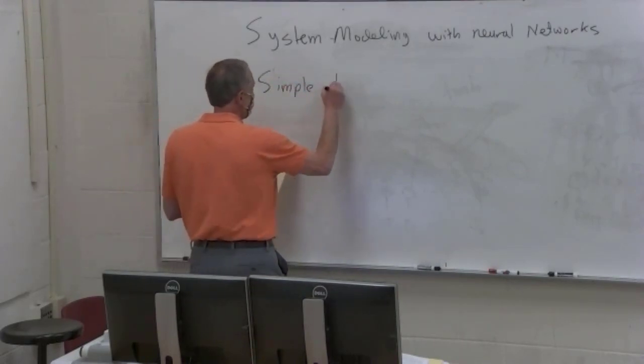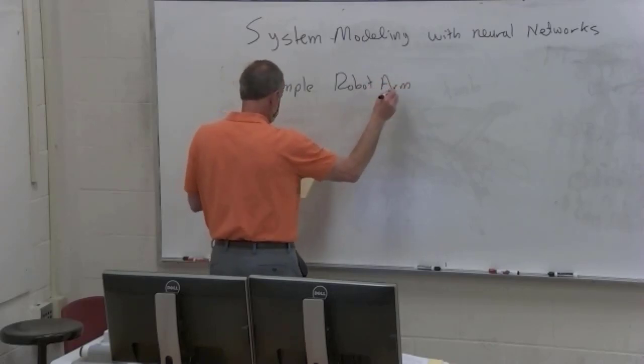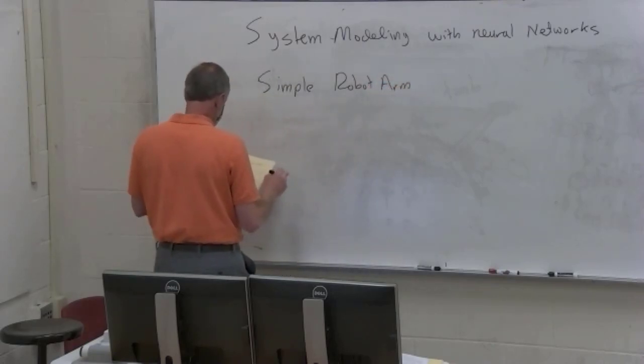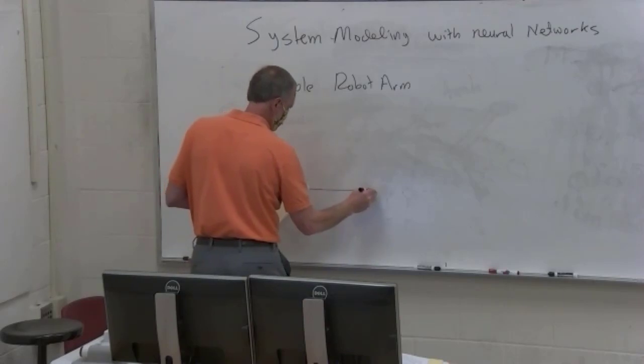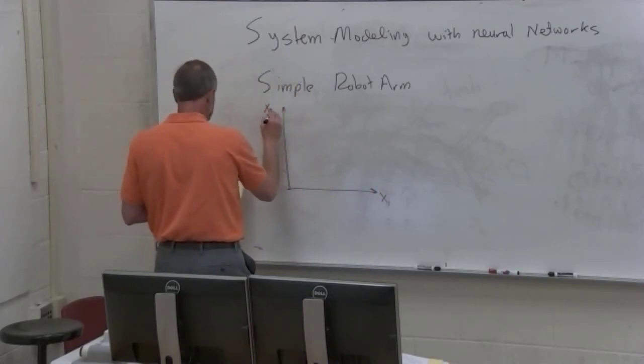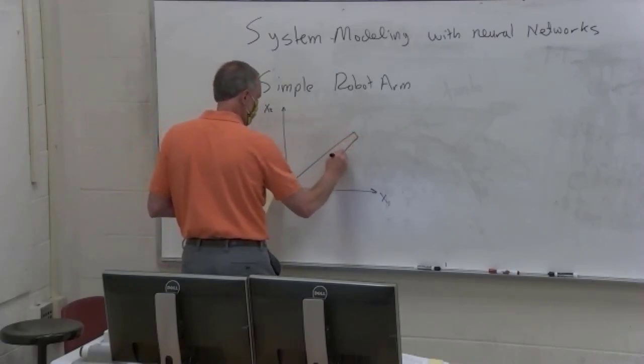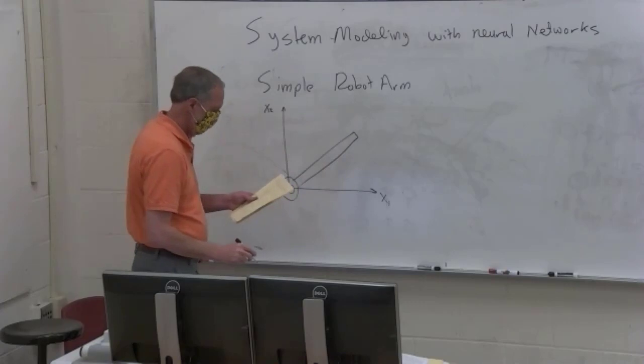The first example is a simple robot arm. A single link, just a bar that can rotate.